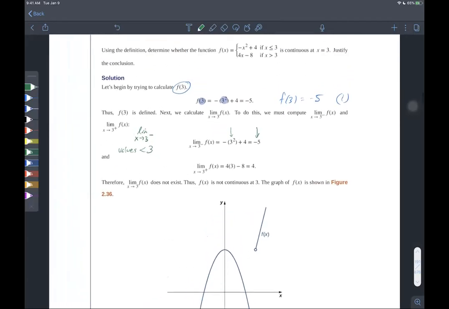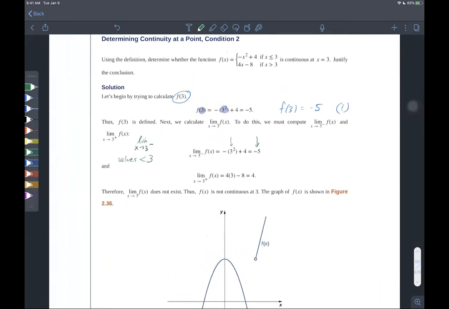Okay, nice. What about from the right-hand side? For the limit as x approaches 3 from the right-hand side, we are looking at values of x that are greater than 3, because we're approaching from the right-hand side.